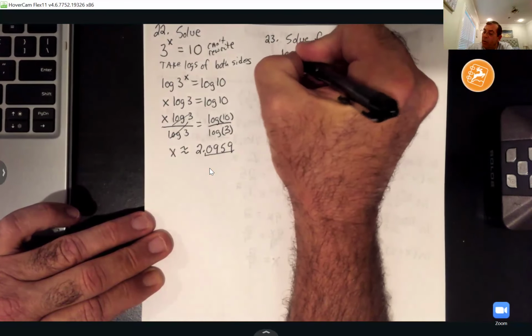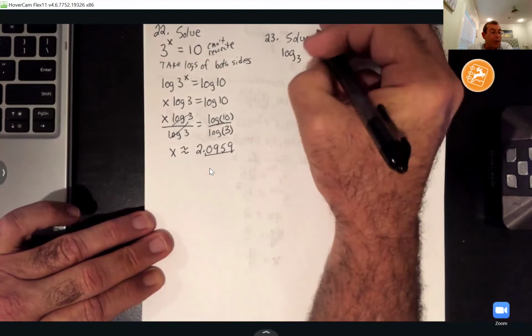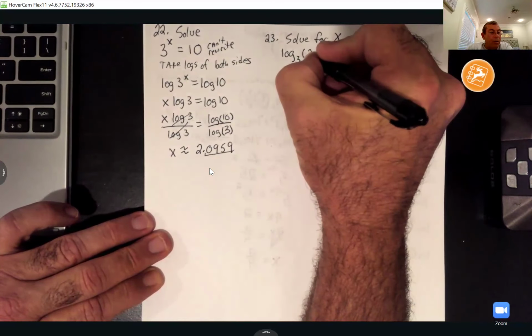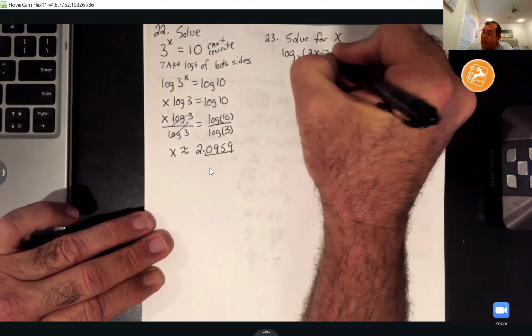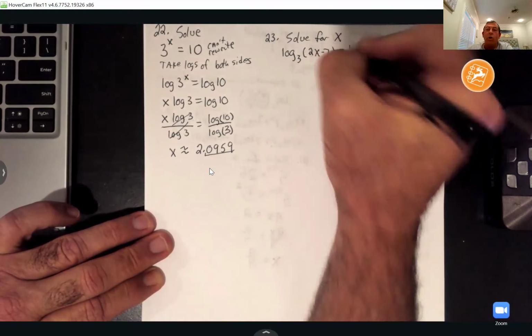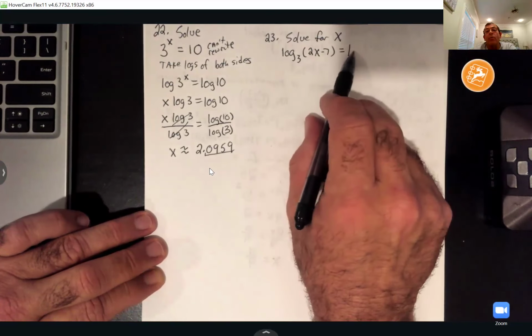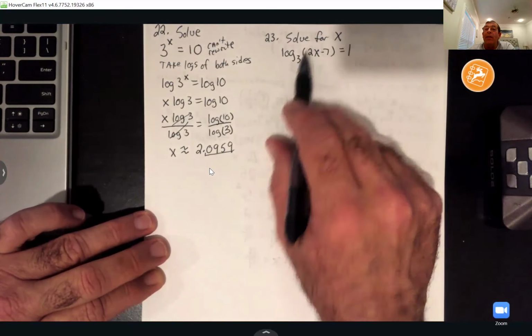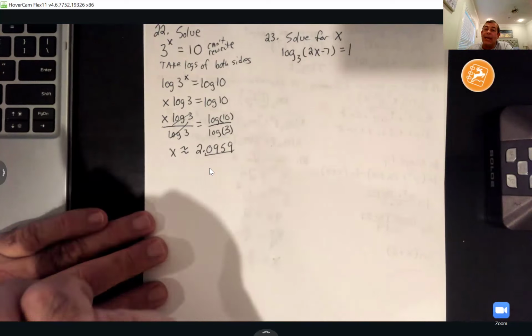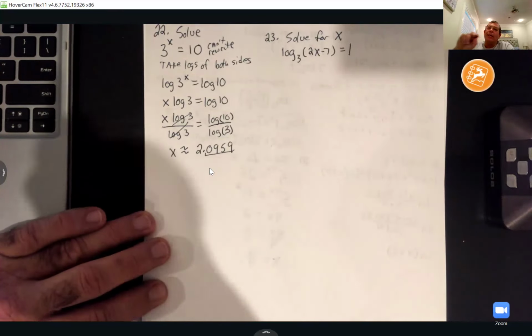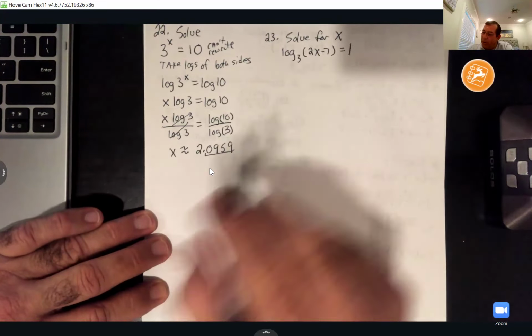This is a log equation, log base 3 of 2x minus 7 equals 1. So when you got a single log like this equal to a number, we're going to rewrite this as exponential. So that's how come y'all had to learn how to convert a while ago.